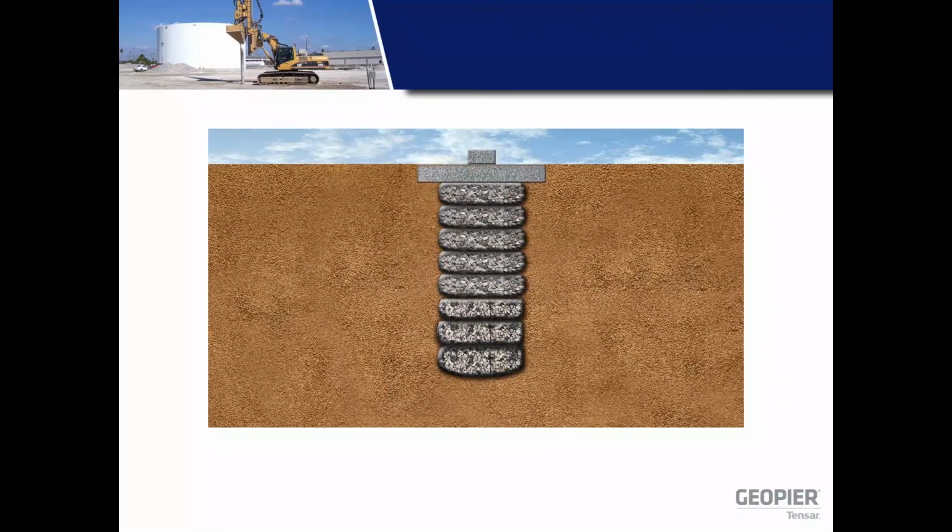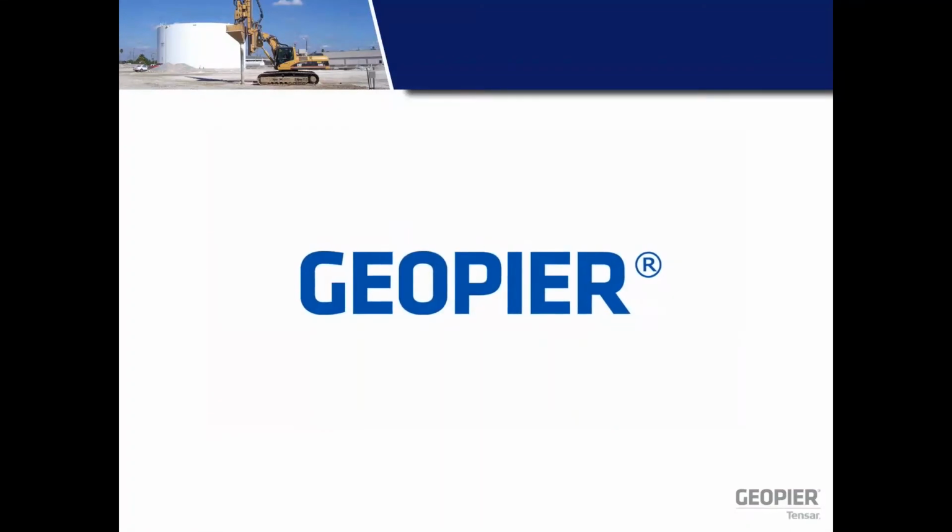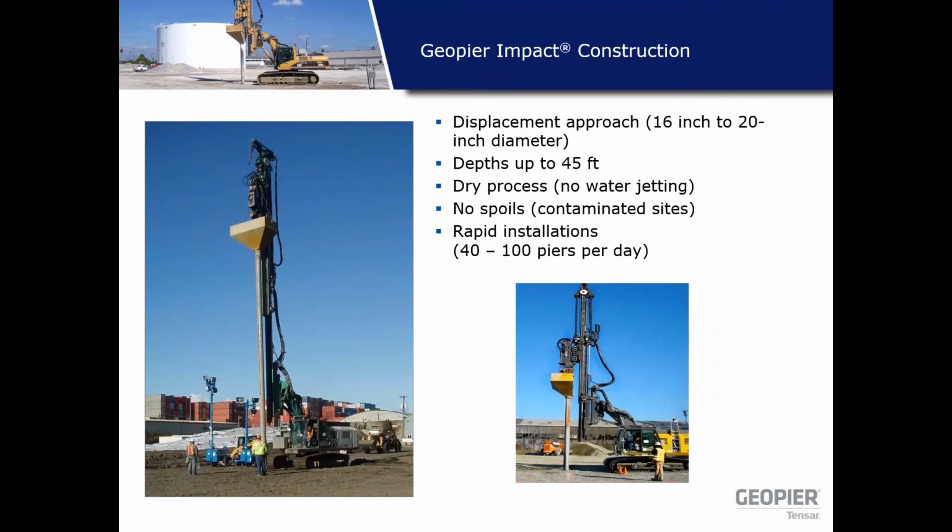So you see these bulbs getting expanded into the adjacent soil matrix, thereby increasing the lateral stresses in the matrix soil and also increasing the stiffness of the overall matrix soil. And what it does is it increases the load carrying capacity of the Geopier elements.